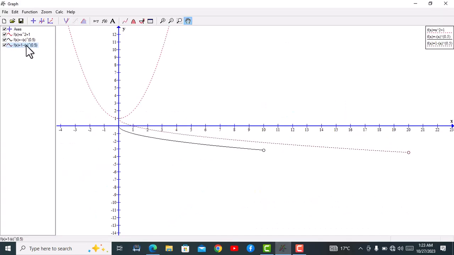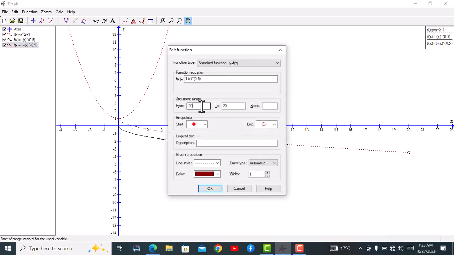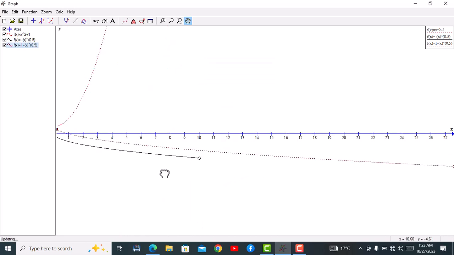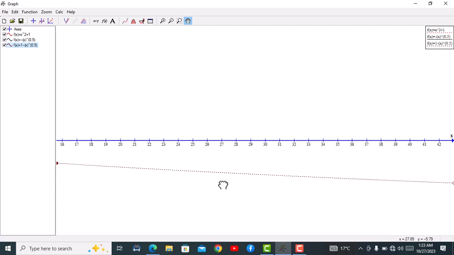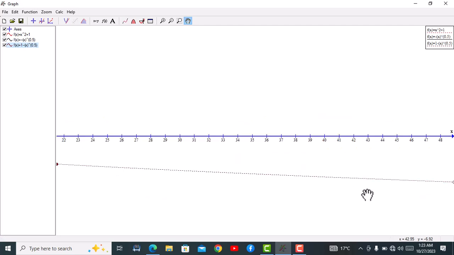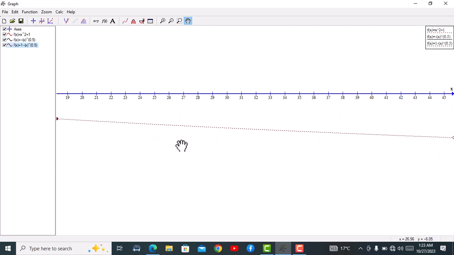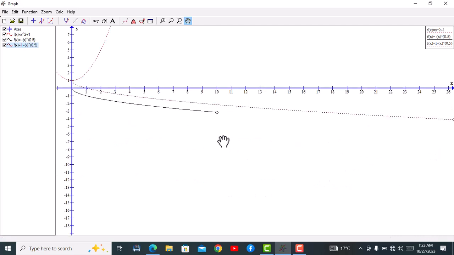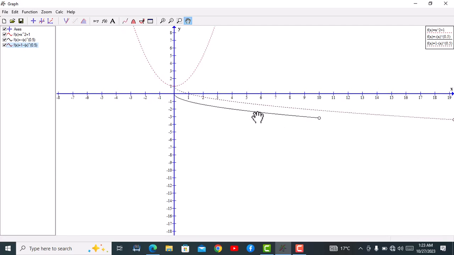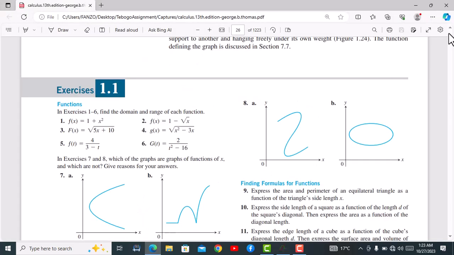Let me decide not to specify the interval here. If I decide not to specify, it will take the range from negative infinity to positive infinity. And when you do this now, look what is happening. We will never see the end of it. So the point that I'm trying to make here is that we cannot say it is going towards negative infinity. We have to say it's less than negative infinity. And why is it so?